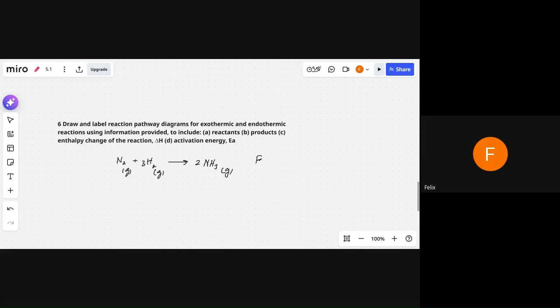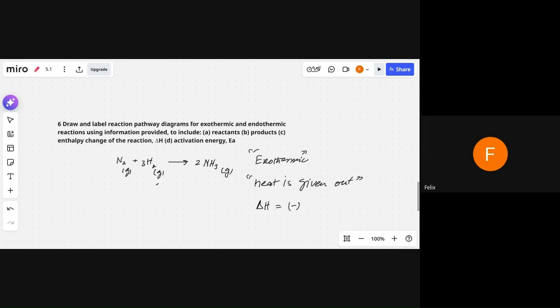So look for the word exothermic, or they may say that during this reaction heat is given out, right? Or they may not use any of these words, and instead they give you the delta H value of this reaction. So if that is negative, it means that it is going to be an exothermic reaction.